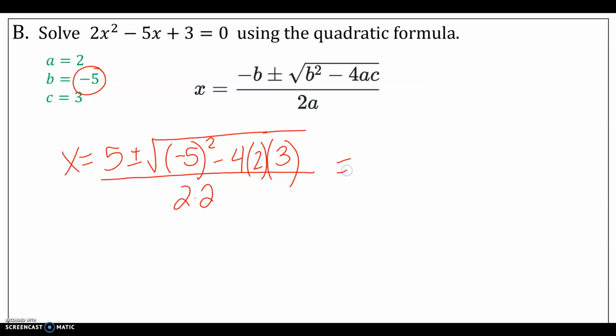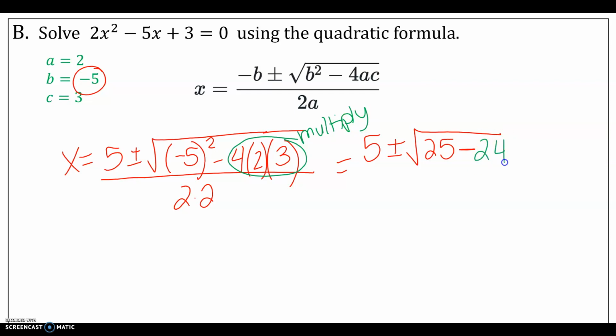Again, we're going to simplify what's underneath the radical, so we get 5 plus or minus the square root of 25 minus, and now I'm going to take these numbers and multiply. I get 8 times 3, which is 24, all divided by 4.